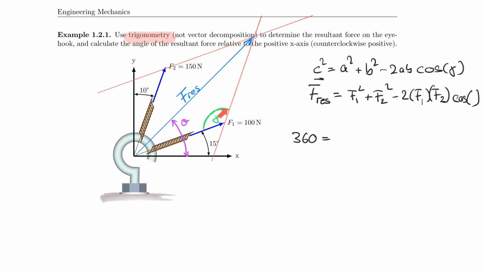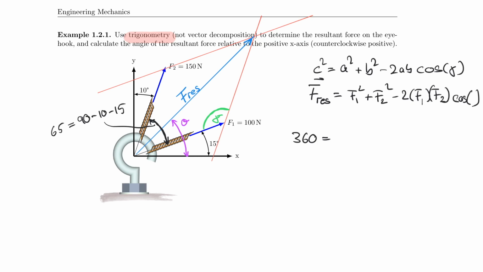So I have this angle, which is identical to this angle, so effectively 2 gamma, and then this angle here. Let me identify that as well. So this angle here is really equal to 90 minus 10 minus 15. So I know that this angle is really equal to 65.